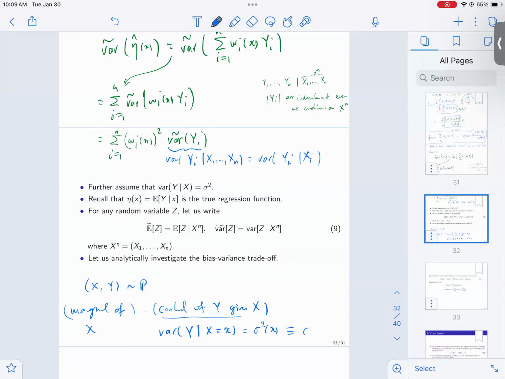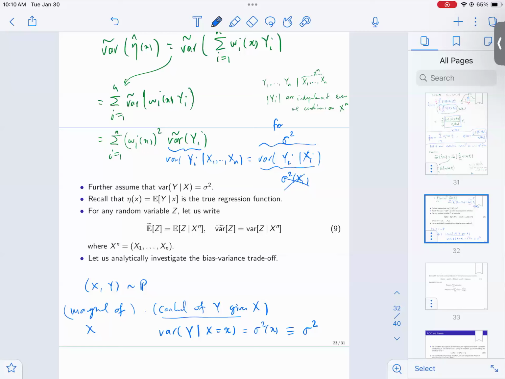But here we're going to assume that this is really constant for simplicity. This would be the conditional variance at x_i if you want. It potentially depends on x_i, but I'm going to assume that it's constant. If you go back to the notes, we also assume this: the conditional variance of y given x_i is constant for simplicity.